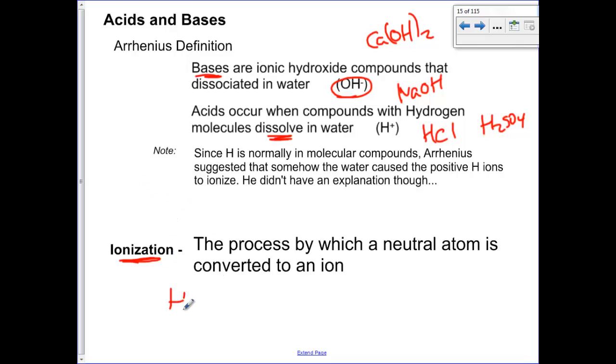I'm going to write an equation out for you. HCl (aq) could turn into H+ and Cl-. But H and Cl are both nonmetals technically. I know one's a positive and one's a negative, but technically they're both nonmetals.